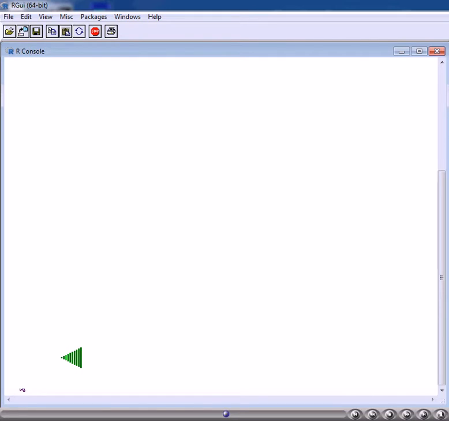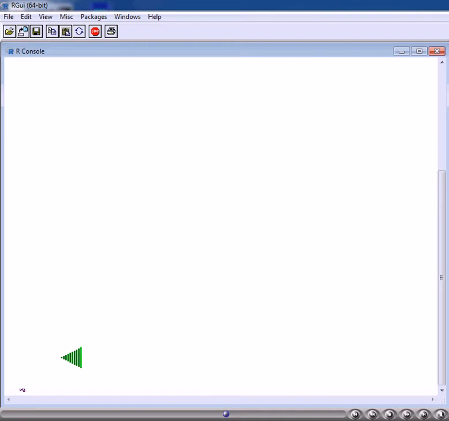Now the statement 2 power 3 power 2, that is 2 to the power of 3 and 3 to the power of 2, you will be getting the result as 512.